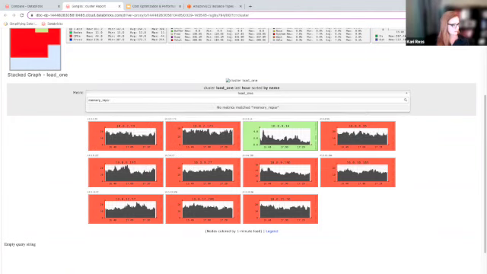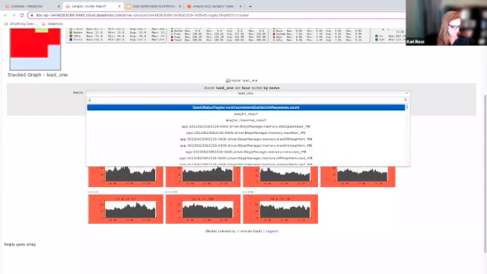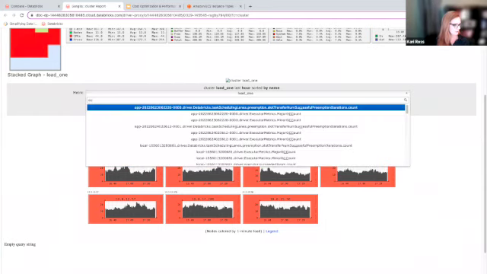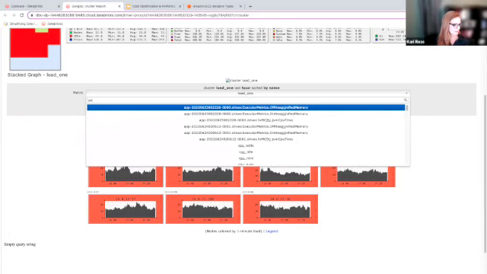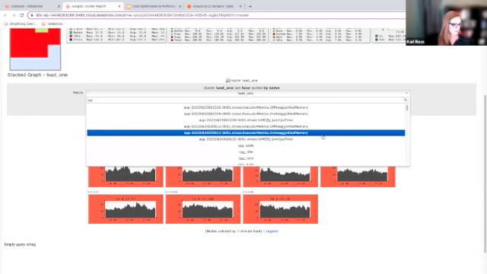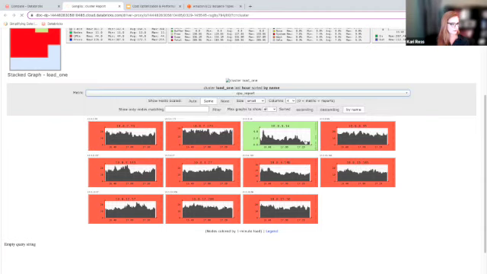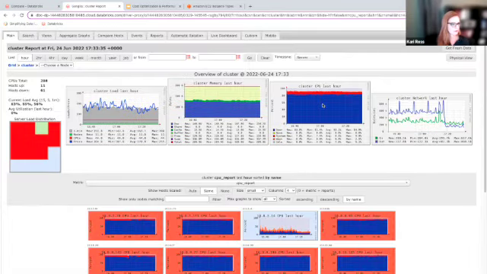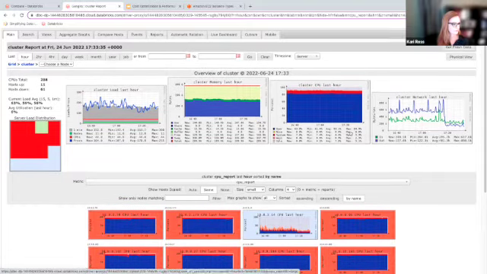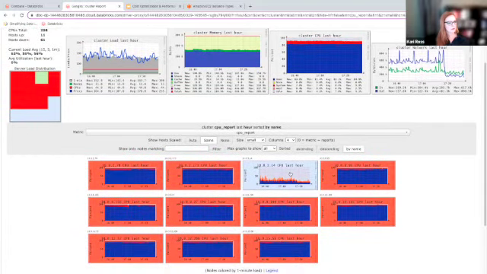I'll quickly look at CPU, and the memory report is in here. So we are looking at a CPU report, and we have one of these for memory.